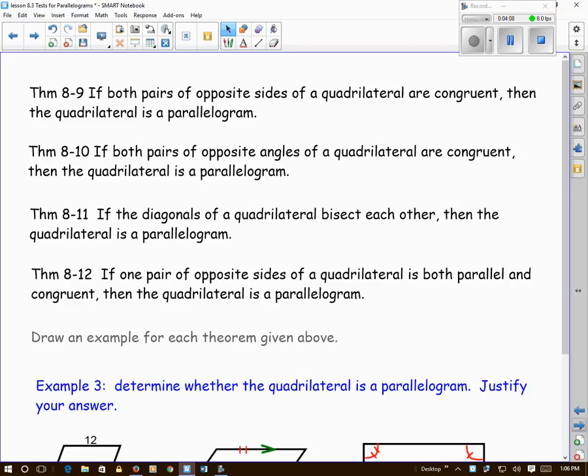That was the example that we started off with and looked at the informal proof of. So can you draw an example of each one of those? Take a minute to draw an example of what that would look like for each of theorems 8-9 through 8-12.